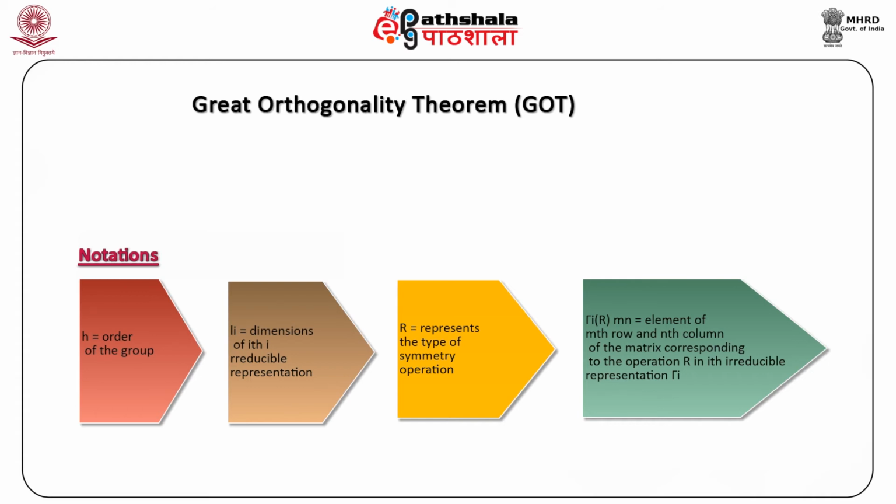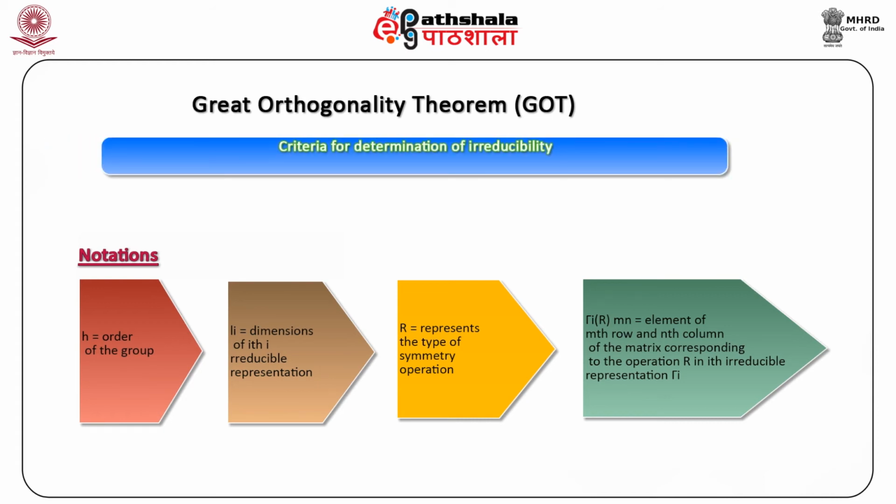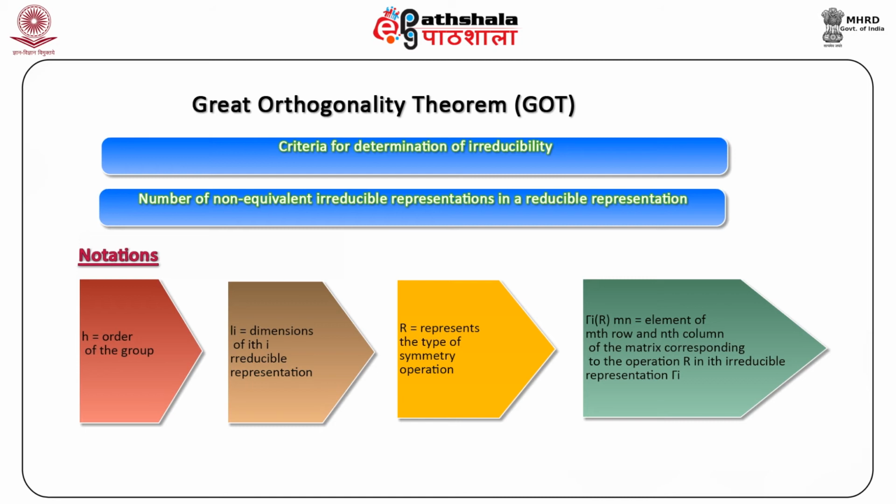The central role of the theorem is that it provides the criteria for determining the irreducibility of a reducible representation, and also gives the number of non-equivalent irreducible representations in a reducible representation.